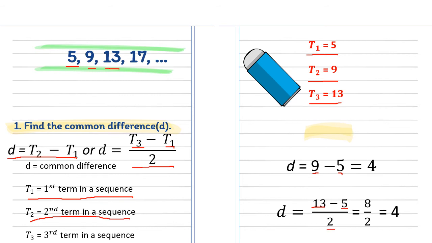Next, 13 minus 5 is equal to 8. Copy the denominator. And next, 8 divided by 2 is equal to 4. Therefore, the common difference is equal to 4.